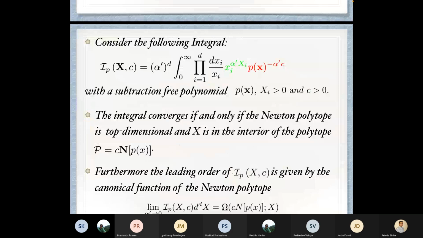So this is where it converges. This is the claim. And furthermore, if we take the leading order of this integral, which corresponds to alpha prime going to 0, the claim is that we get the canonical function of the Newton polytope.